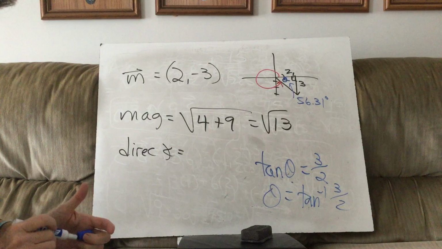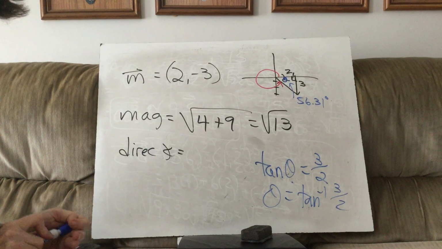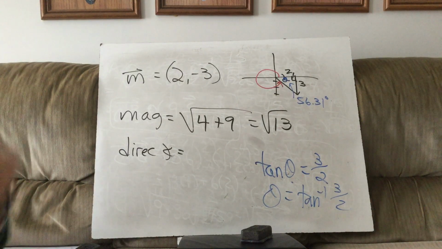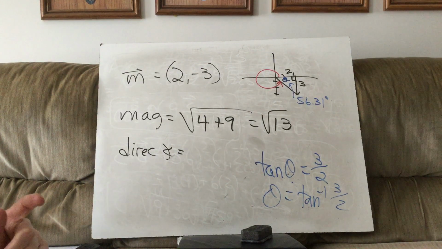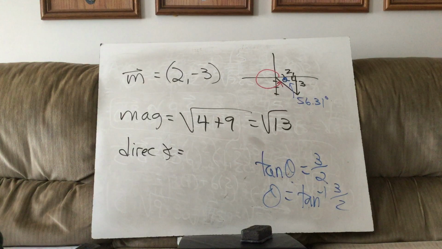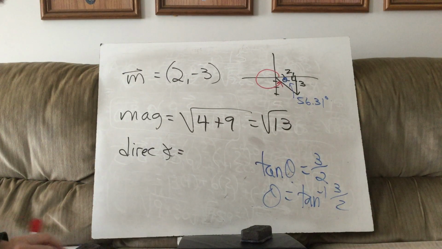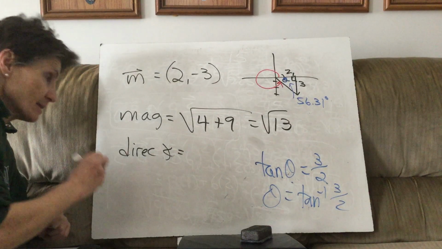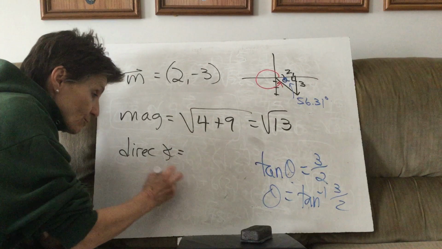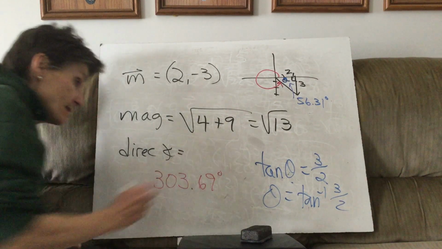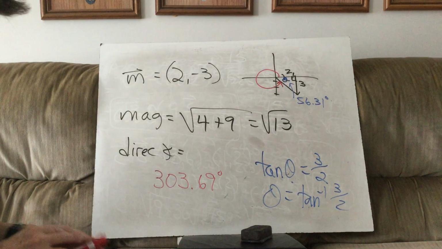So if you just look at your picture and use your common sense, the red angle is all the way around the whole circle except for the 56.31. So if we take 360 minus 56.31, we'll get our direction angle, which is 303.69 degrees.